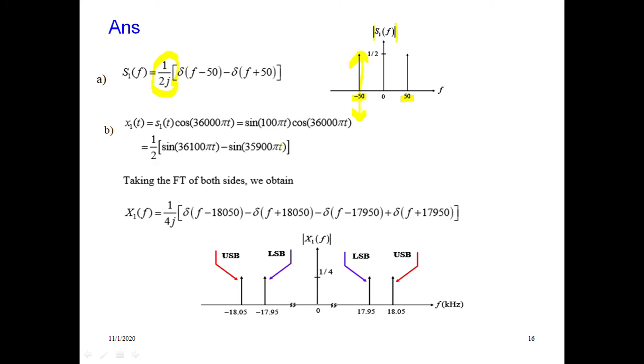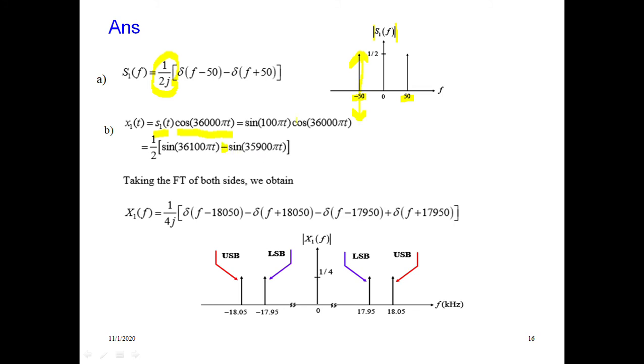And then for question B, we want to do the DSB-SC process, which is we multiply S1 and the carrier. Multiply using the formula, for sine multiplied by cos, the formula is sine A plus B minus sine A minus B. So the plus and minus is the difference, that's why you have this symbol.